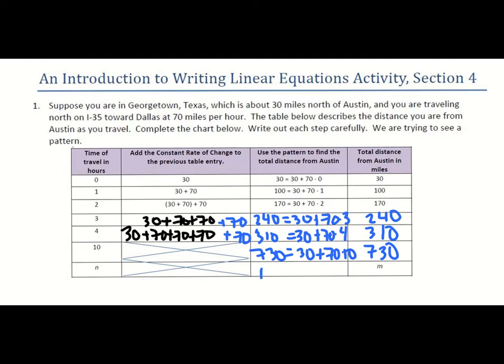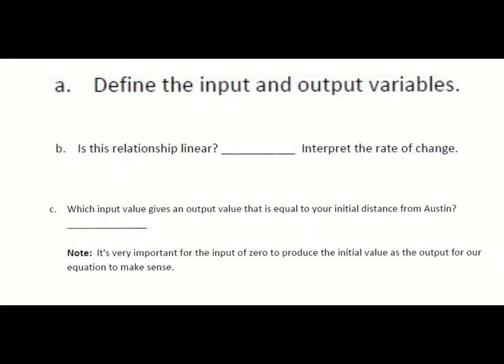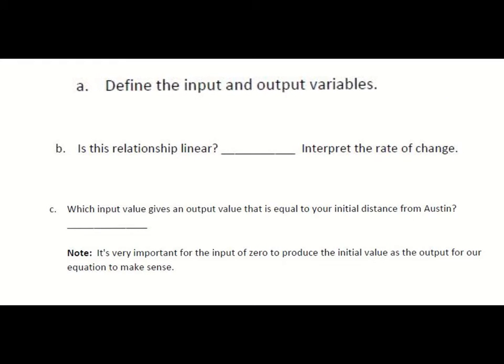So my equation, my number of miles driven, is going to be equal to 30, which is where I started initially, plus 70 times my number of hours. Okay, so I don't know why that's so big. That doesn't need to be that big.